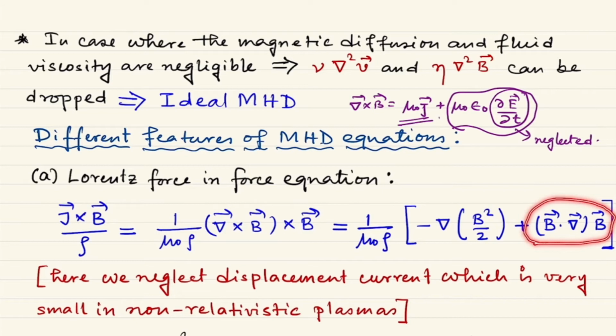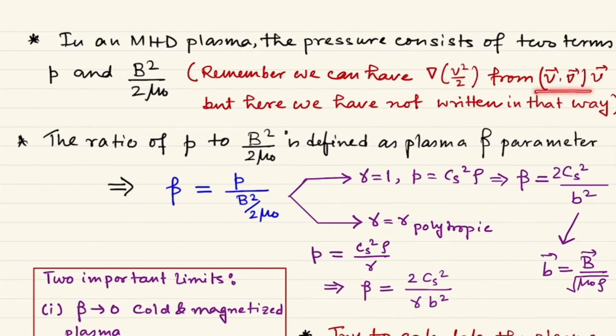So we don't have to rewrite v dot nabla v in terms of gradient v square by 2 and v cross omega. So in an MHD plasma, the pressure consists mainly of two types of terms. One is P, the normal pressure, another is B square by 2 mu 0. One simple point to make here: this B square by 2 mu 0 is also equal to the magnetic energy density, in an electromagnetic field, if you remember.